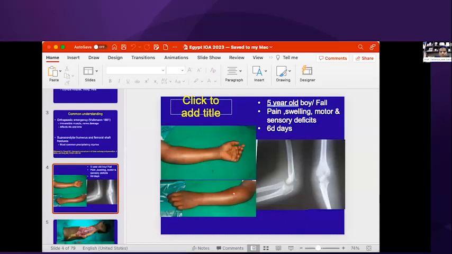No problem at all, technical issues are happening around. Can you see the pictures now?